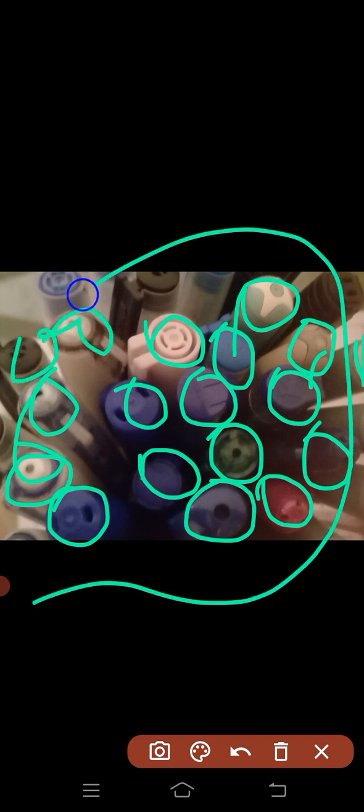So see, molecule, molecule, molecule. You can see they are very, very near to each other. After this only this will come. After this only this will come. Mainly this part you can observe clearly.